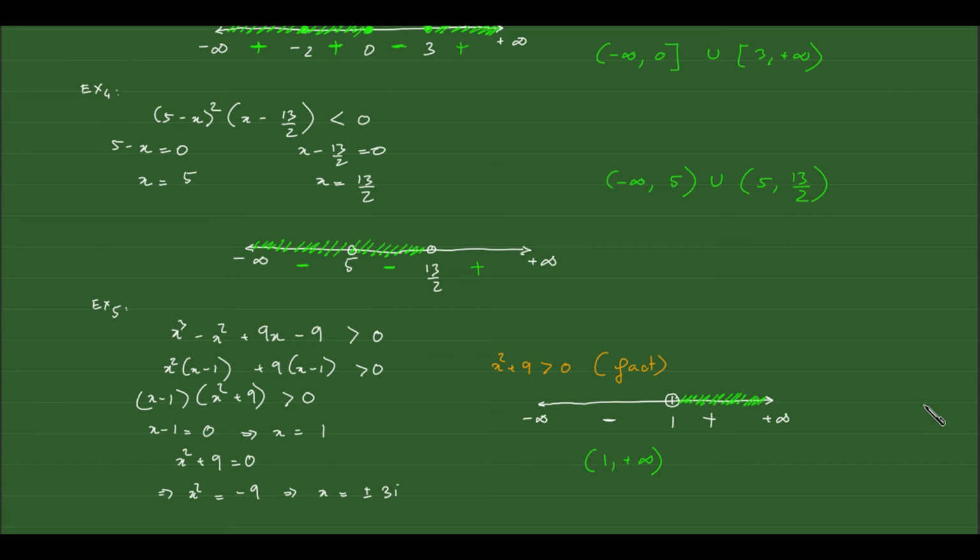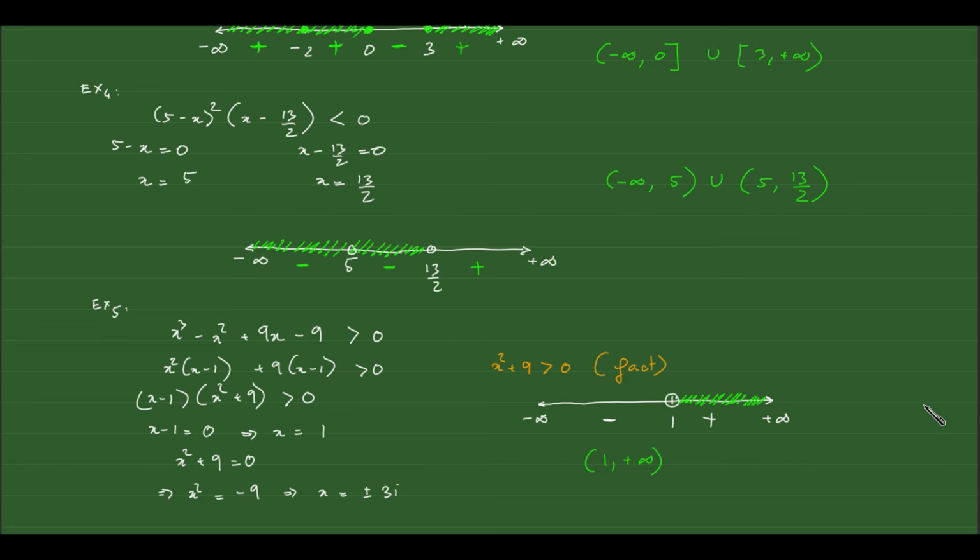So depending on whether the inequality is greater than or less than: if it is greater than, you're gonna find the interval notation in which the graph is above the x-axis.